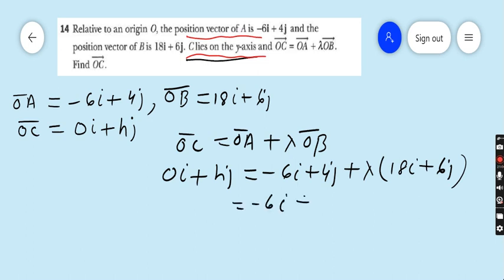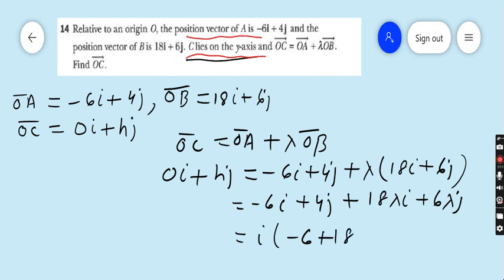So minus 6i plus 4j plus 18 lambda i plus 6 lambda j. Taking i common, minus 6 plus 18 lambda. Taking j common, it is 4 plus 6 lambda.